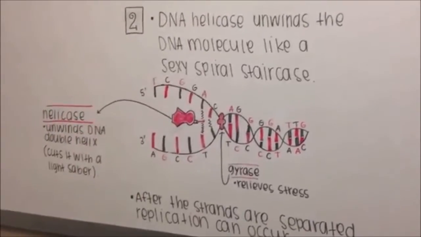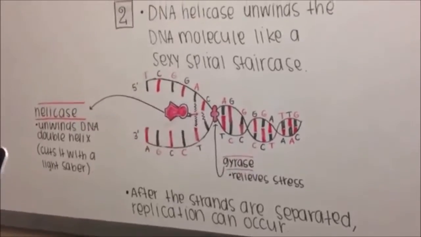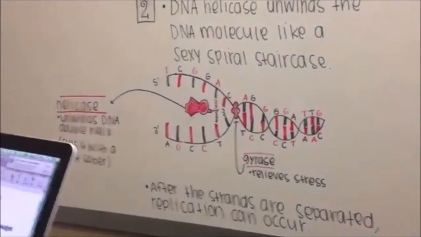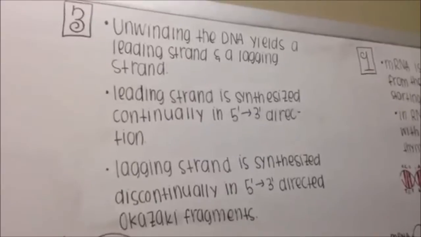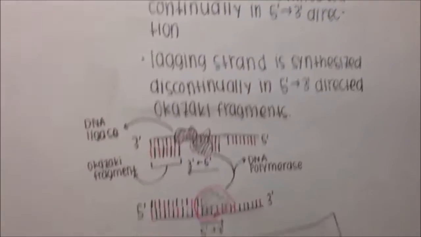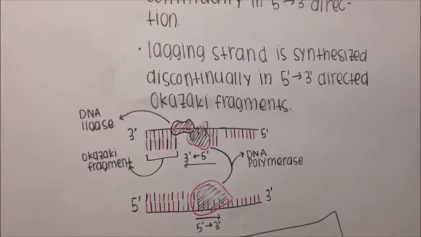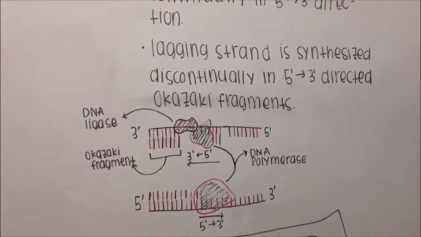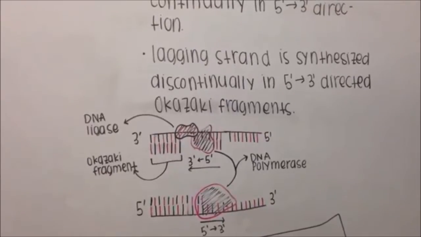'Cause you know that, baby, I replicate them genes until they're synthesized in plenty. Make a lead and lagging. Leading strand is synthesized continually in 5 to 3. Lagging discontinually. Lagging means ligase. 'Cause Okazaki fragment, hey. DNA polymerase goes only 5 to 3, so leading outruns lagging.